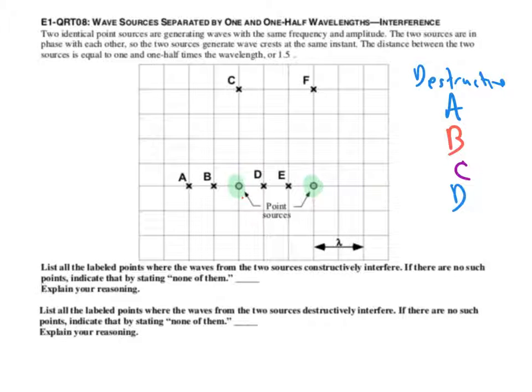For E, we have 1 and 1/2, so that's going to be the same. It's also destructive. And then for F, it's the same as C, the same shape as C. So we end up with all of them being destructive and none of them constructive, which is maybe not particularly illuminating, but there we are.